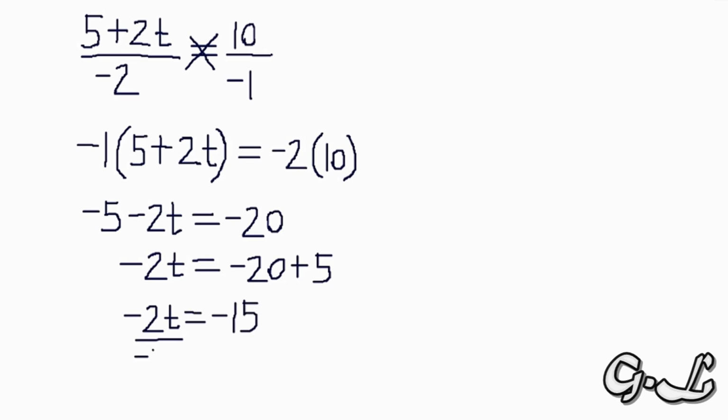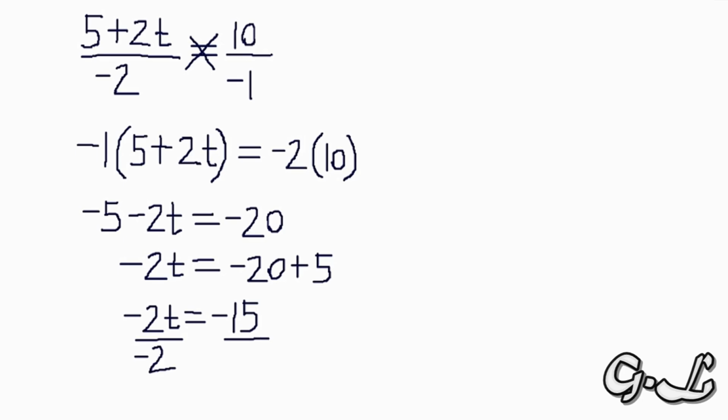So remember, our main objective is to find the value of t. So we're going to make t the subject. We're going to divide both sides of the equation by negative 2. When you divide the left hand side by negative 2, it is simply going to be 1, and 1 times t gives you t itself.